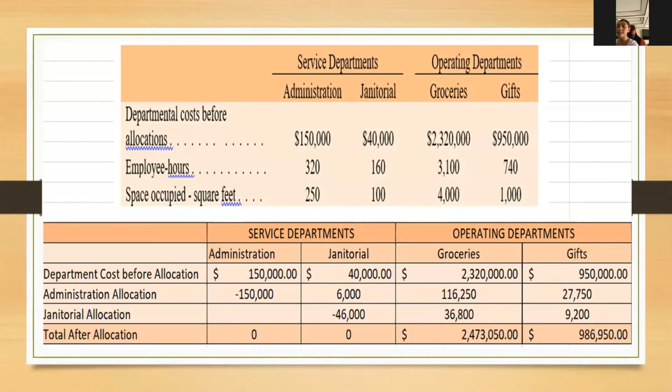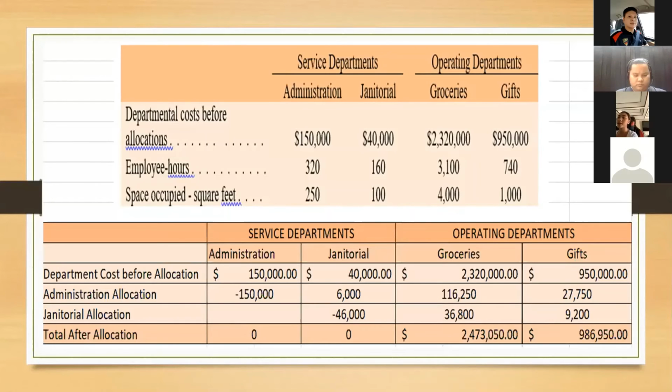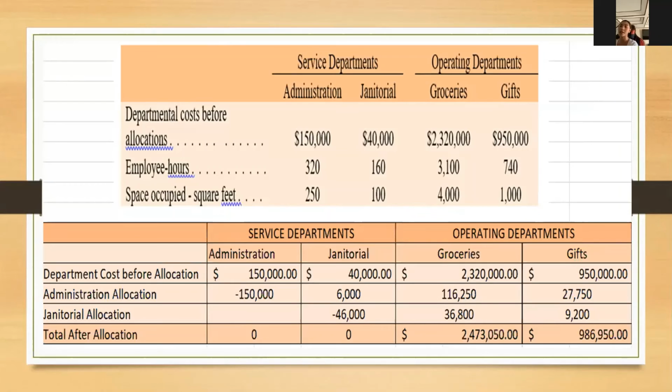So as you can see po, the total employee hours po natin is in janitorial 160, in groceries 3,100, in gifts 740, which equals po 4,000 employee hours total. Also sa space occupied square feet po, we have in operating department we have 4,000 plus 1,000, it equals to 5,000 space occupied square feet po.